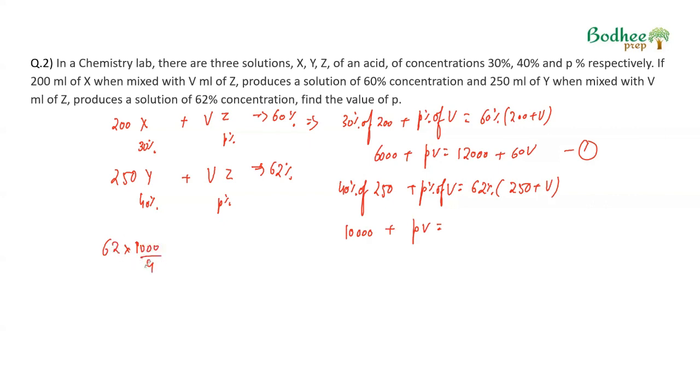So this will be 31 by 2, which is 15.5. So 15,500 plus 62V. This is equation number 2.